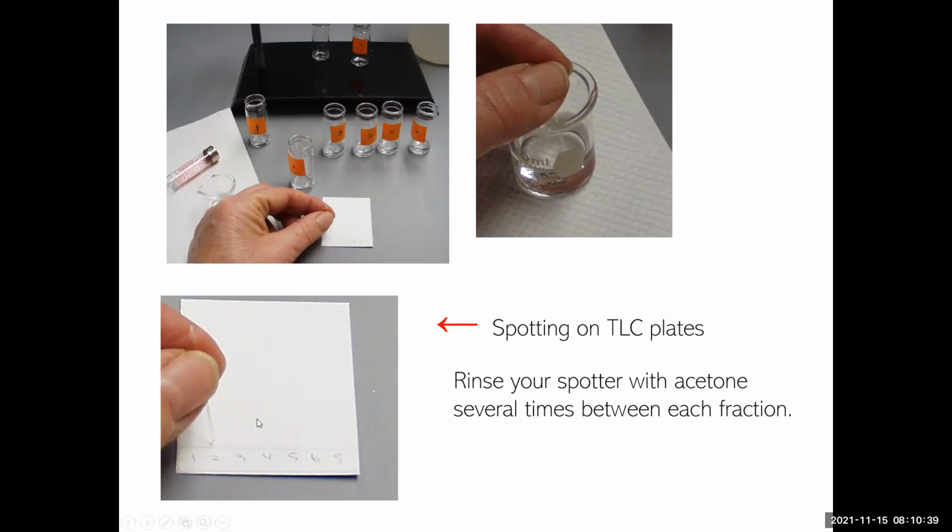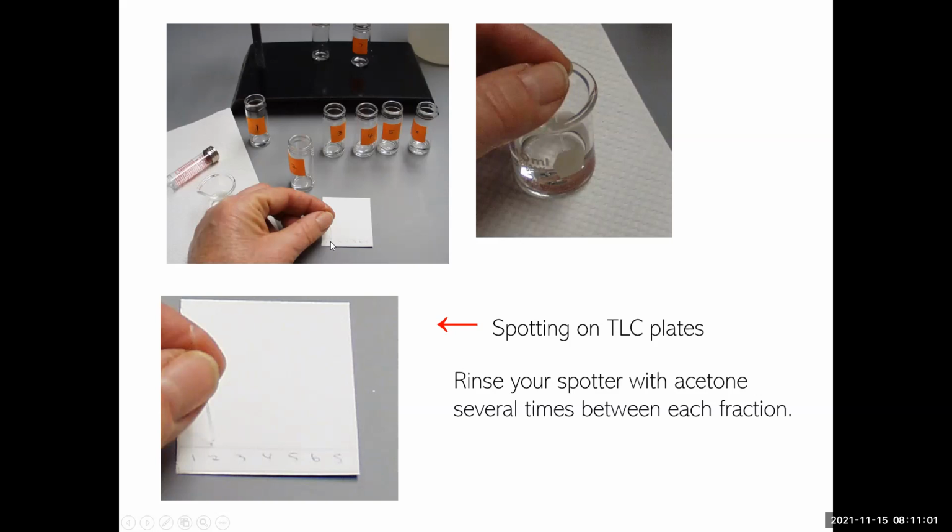And they're going to place these mixtures onto the plate. And he or she will clean the capillary tube in between each so that it's not contaminated with the previous sample when you're trying to place the next spot. And they're doing that with a little beaker full of acetone.